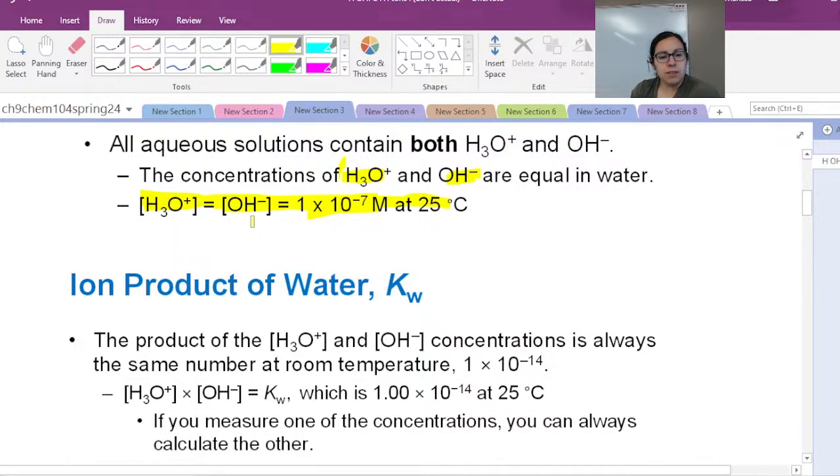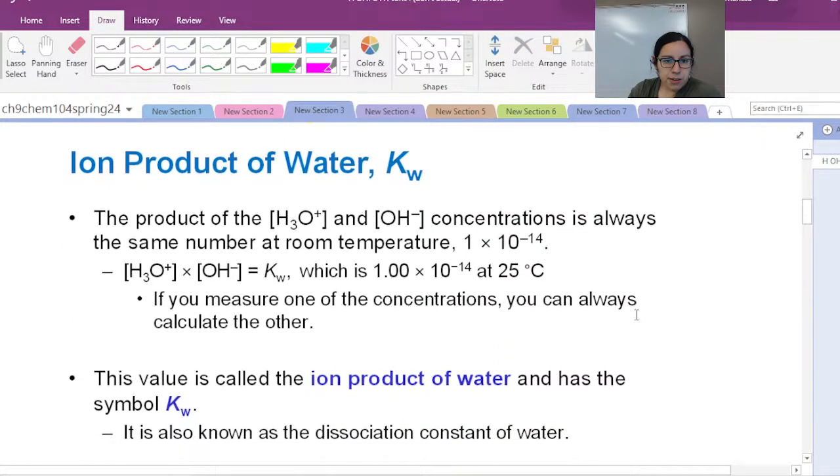Now we're getting at why our pH scale is 0 to 14. At a neutral pH, a pH of 7, the hydronium and hydroxide concentrations are the same, and they're both 1 times 10 to the negative 7 molarity. And this is at 25 degrees Celsius.